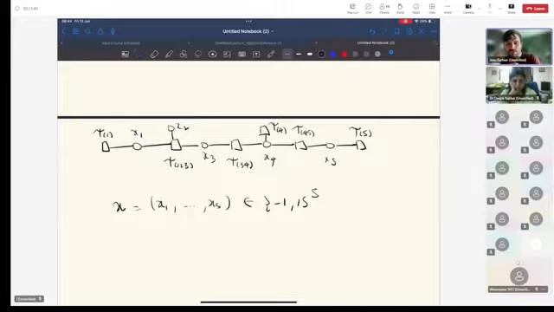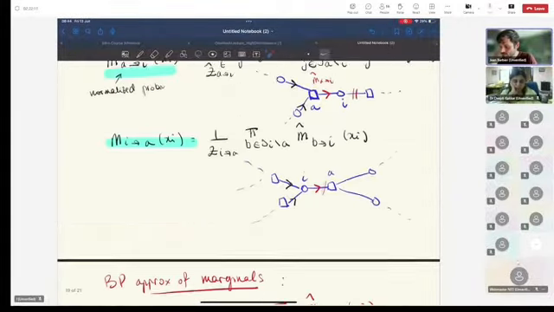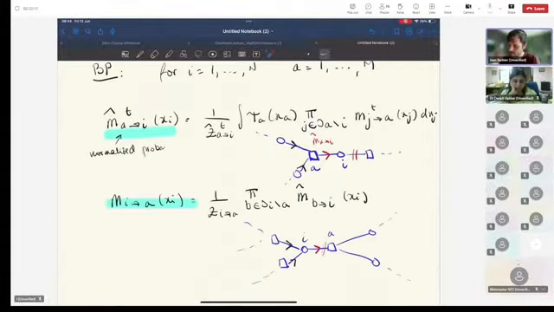So let's assume you are interested in computing the marginal of x1, or another problem you can solve with belief propagation, which is actually the exact same problem as the marginalization, is to compute the partition function, the normalization of the factor graph itself. So let's say you want to compute Z. How do you compute partition functions from these equations? This is the same problem as the marginalization.